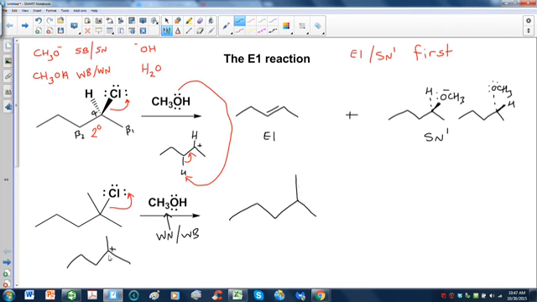Again, this is our alpha carbon. We have the beta carbons here. We'll call these beta 1 because they're the same, and this one is beta 2. And of course the hydrogen comes off the more substituted carbon, which of course is this one. So that hydrogen goes there, kicks that up there, and we get our tri-substituted alkene E1 reaction product.